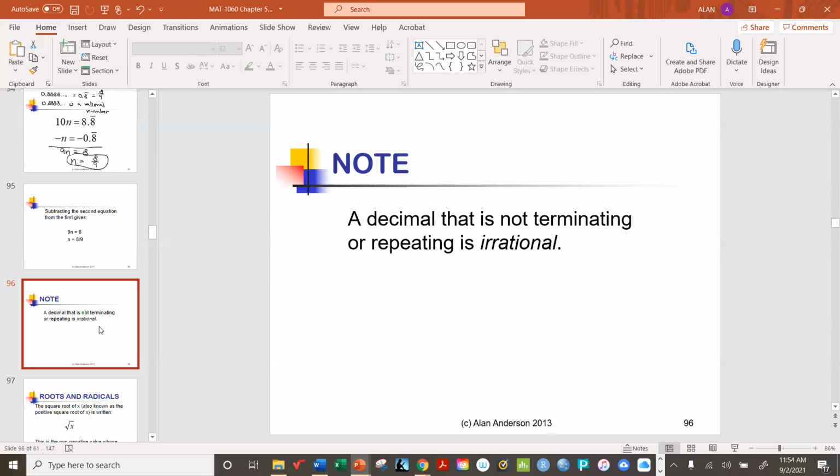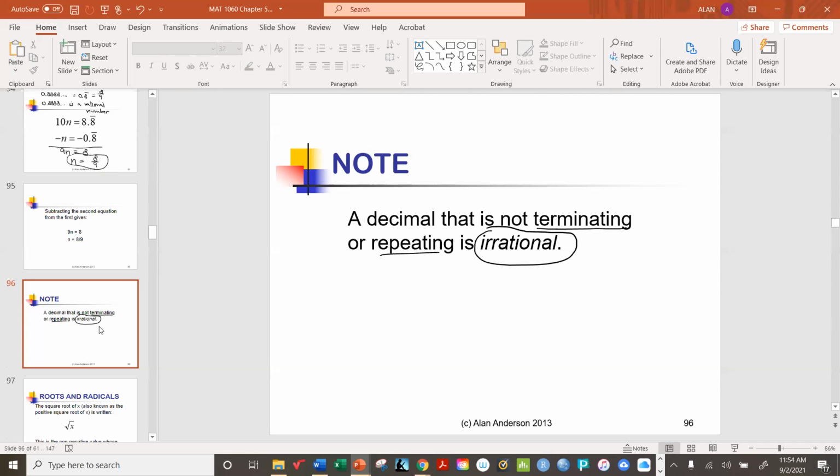If we have a decimal, any number which is a decimal, in other words, it's not an integer, if it is not terminating or repeating, that guarantees that it is irrational. And that's why pi is irrational, because it is not terminating and it is not repeating. We have an infinite string of digits that are not repeating.